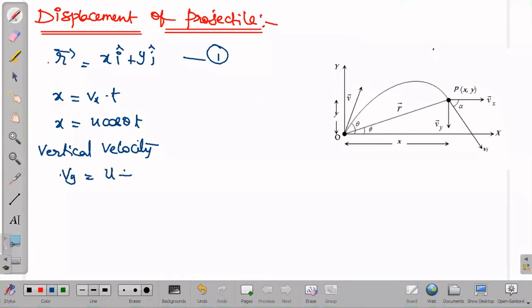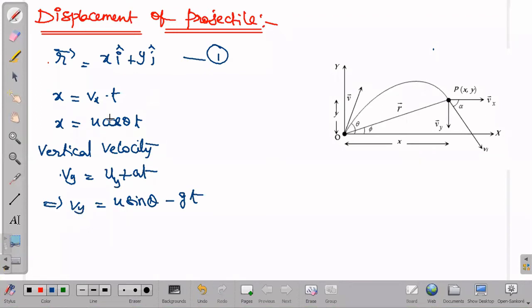So vy is equal to u along the y axis, which is u sin theta, and a becomes minus g, as the object is going up, so vy is equal to u sin theta minus gt. This velocity we will use further.